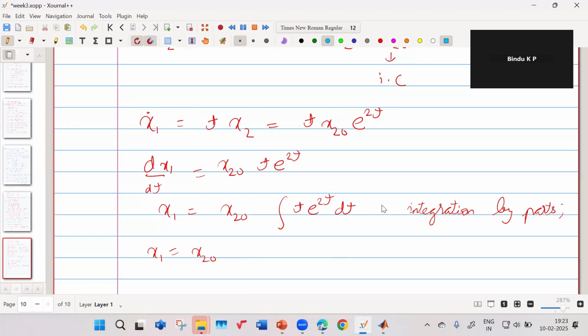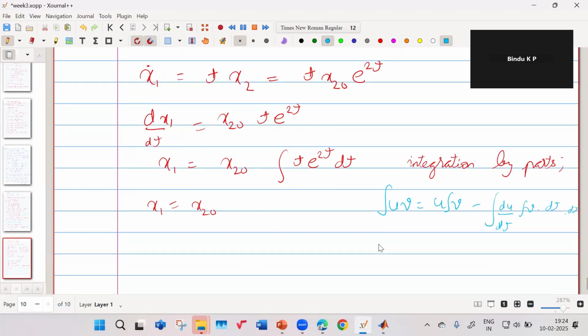When you do Laplace transform, multiplication in the time domain gets converted into convolution in the frequency domain, so you cannot exactly use Laplace transform here. What is the formula? Integration of uv is u times the integration of v minus the integration of du by dt times the integration of v. I think it is this.